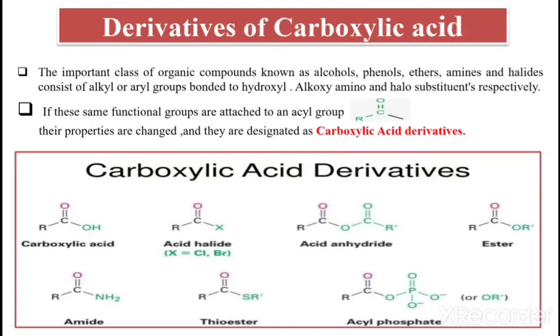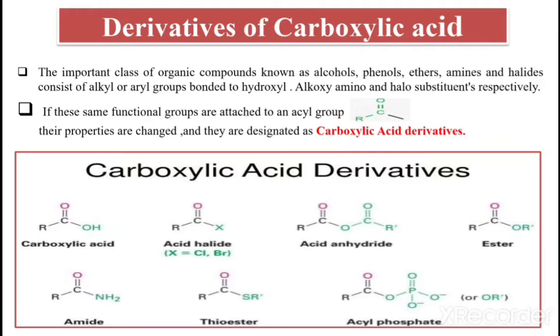Friends, the important classes of organic compounds are alcohols, phenols, ethers, amines, and halides. These consist of alkyl and aryl groups bonded to a hydroxyl group or the alkoxy, amino, and halo substituents respectively.